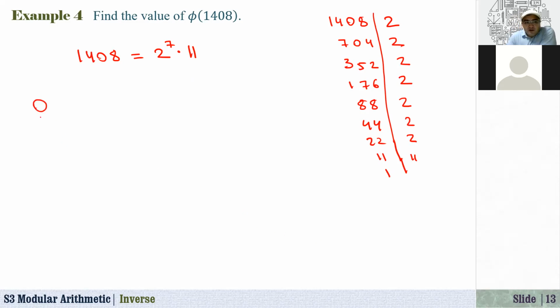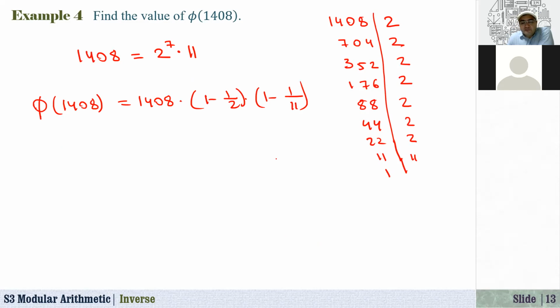Now to find the phi of 1408, that's equal to 1408 times 1 minus 1 over 2, times 1 minus 1 over 11, that is 10 over 11.